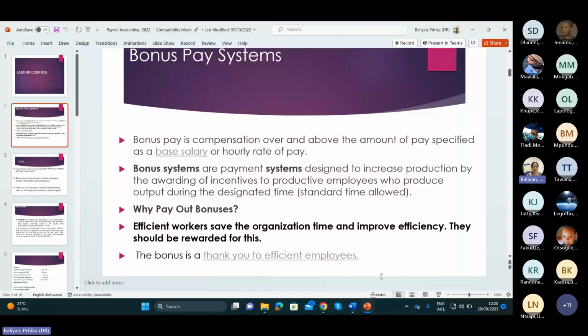Now, why does a business need to pay a bonus? Because it is normally possible that some people are efficient, some people are not efficient. But as you have seen, under the time rate system, even the piece rate system, in time rate, if someone does more or less, they will not be given any additional or extra compensation or incentives.